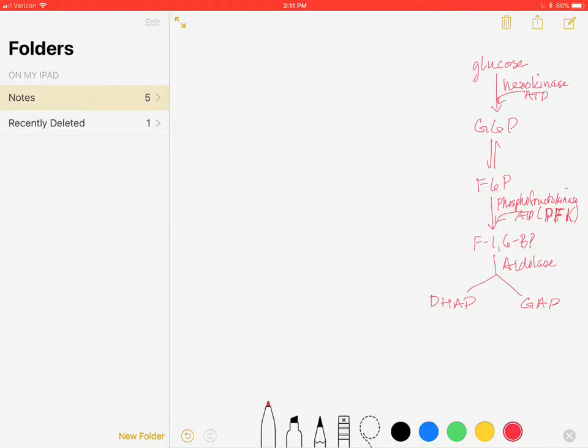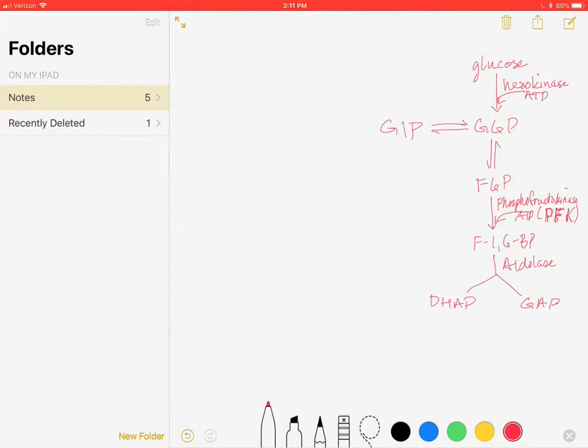I'm going to stop and show you the branch point here at glucose 6-phosphate. Glucose 6-phosphate is in equilibrium with glucose 1-phosphate, and this is the pathway to glycogen. Let me try that again.